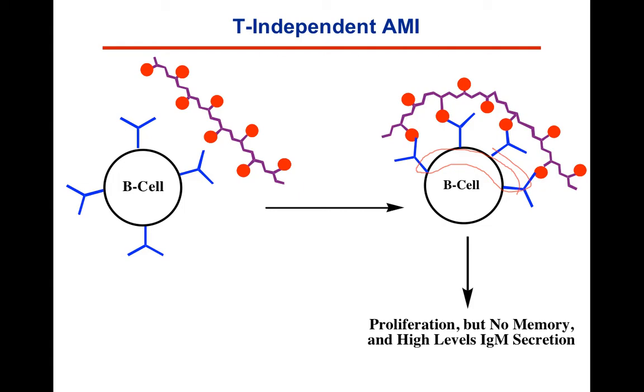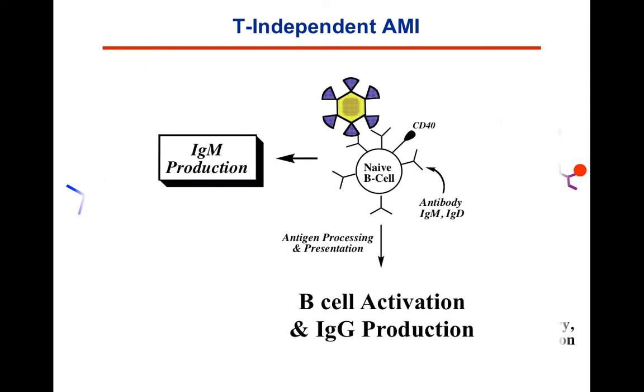So this allows you to quickly get in and start making some antibody to meet the challenge of an infection. Here's another figure in which an antibody is interacting with a non-envelope viral capsid, causing a clustering of those antibodies on the surface.